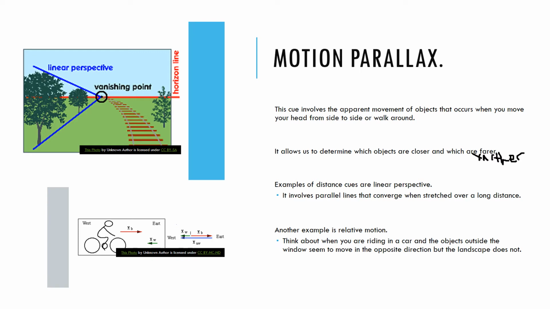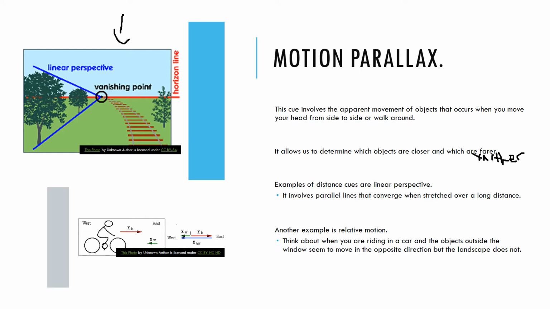One of these cues is linear perspective, the first one up here, shown by the blue line. It involves parallel lines that converge eventually when stretched over a long distance. Here it looks like we have a railroad track, and as it reaches the horizontal line, which is the horizon in red here, eventually the railroad tracks seem to meet up with the horizon.